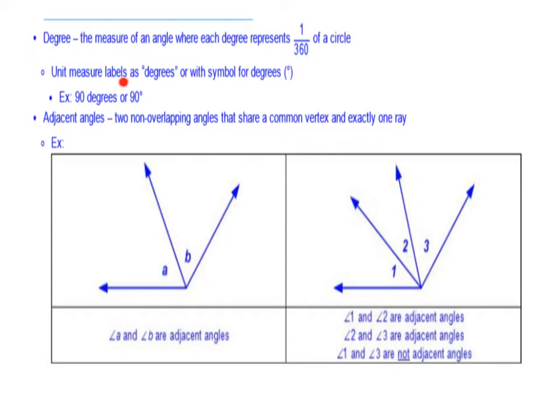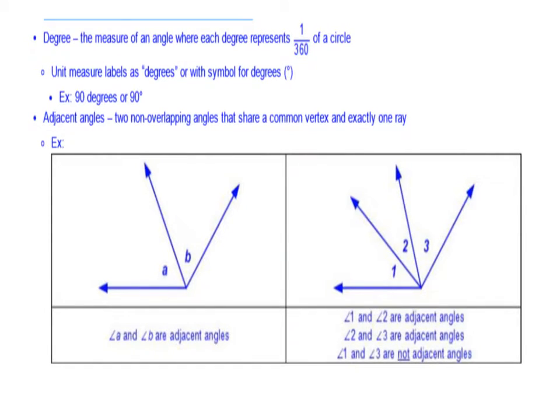Unit measure is labeled as degrees or with the degree symbol. So if it gives us, say, 42 degrees, then that measure would be written with a little upward zero, or we could just say 42 degrees.